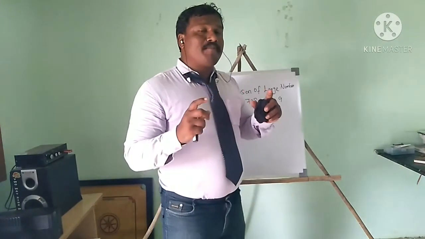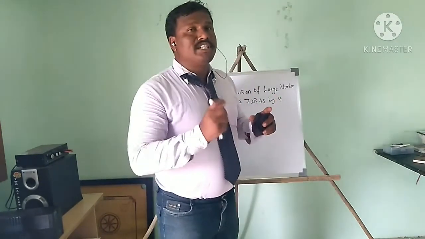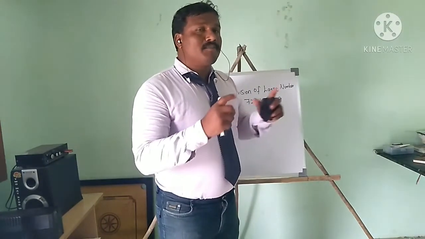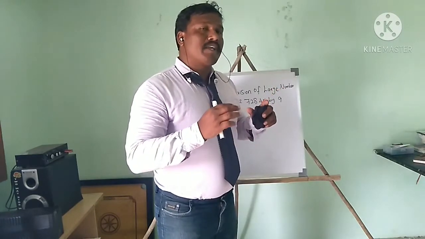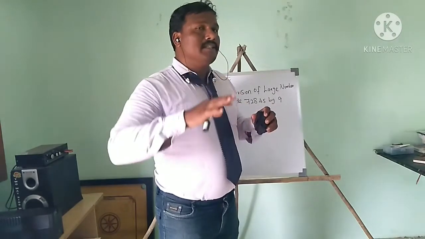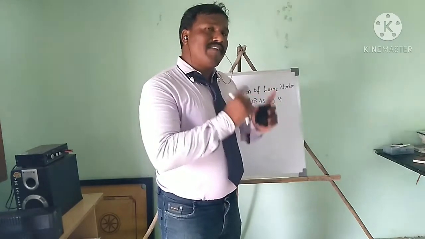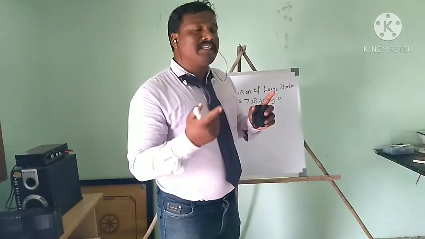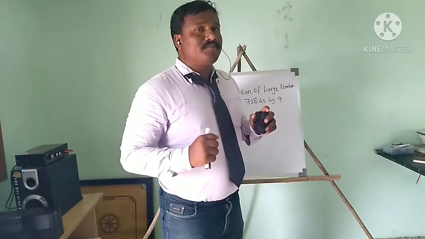First you have to compare the dividend's first digits with the divisor. If they are equal, you can take one digit. If the divisor is small but the dividend is big, you can take one digit. But if the divisor is big and the dividend's one digit is small, you can take two digits.